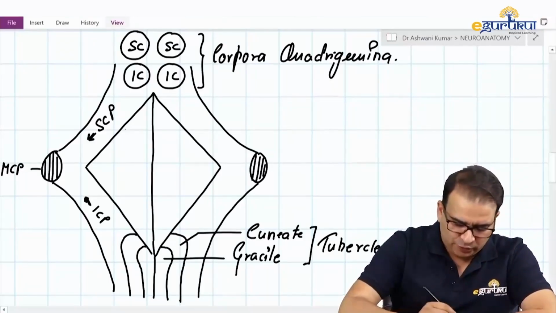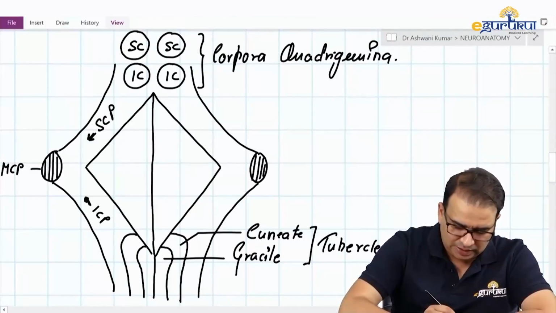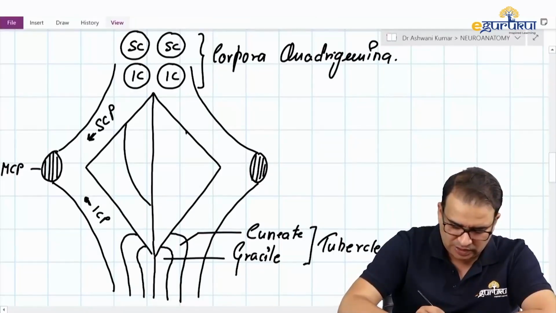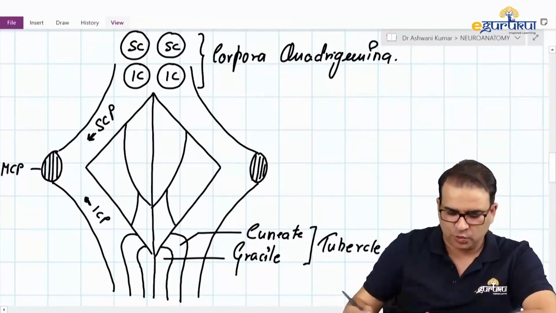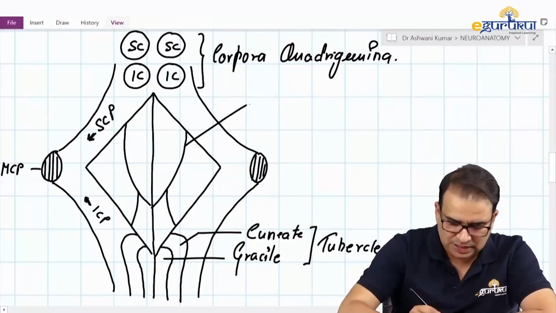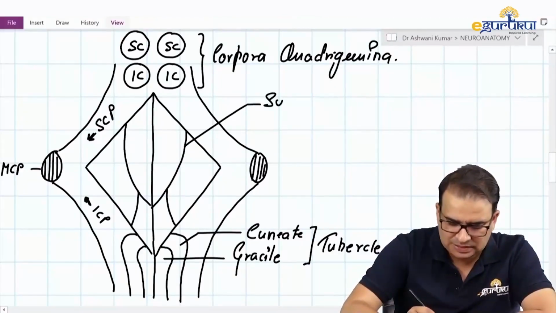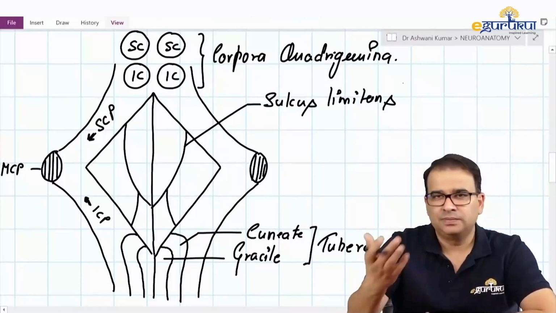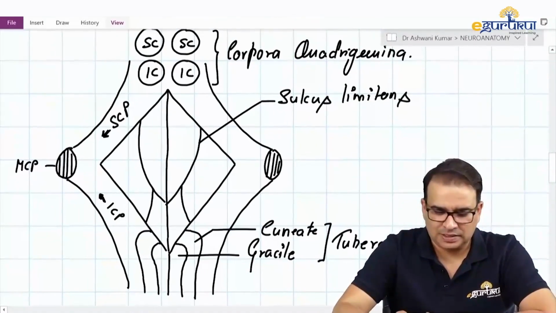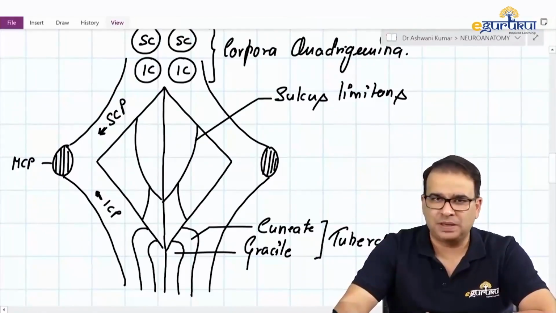As we said, in the floor of the fourth ventricle, we will see the sulcus limitans. Let's say this is the sulcus limitans. First it converges; just draw it in this way, so that I can show the nuclei. This is the sulcus limitans, the one which was dividing the neural tube into the dorsal part called the alar plate and the ventral part which was the basal plate.